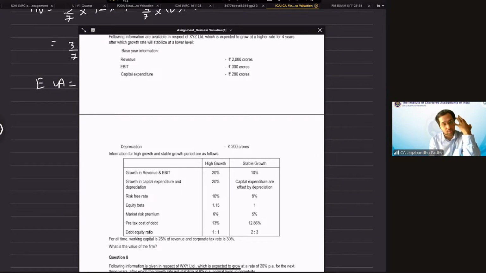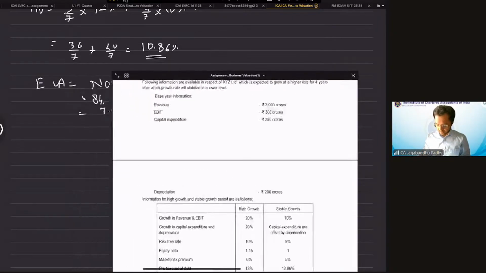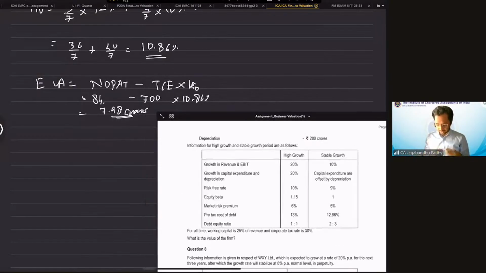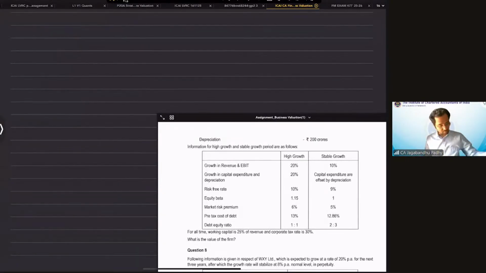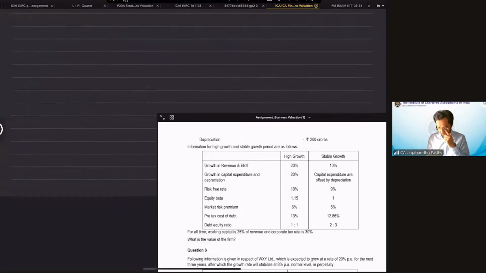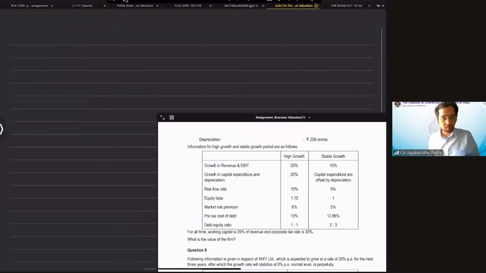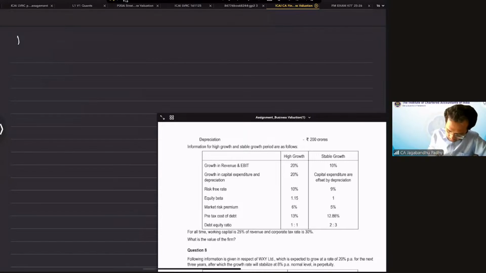So we have two phases, high growth phase and the stable growth phase. Let's first do the calculation for the high growth phase, and then we'll go ahead with the stable growth phase numbers also. In the high growth phase, we have KE.